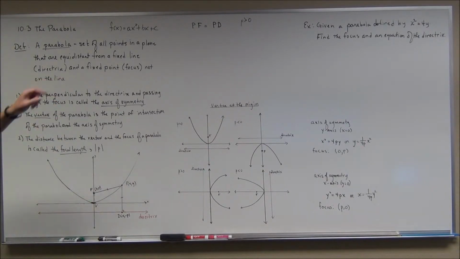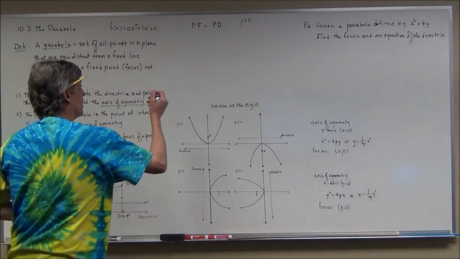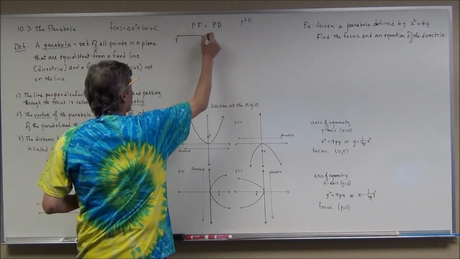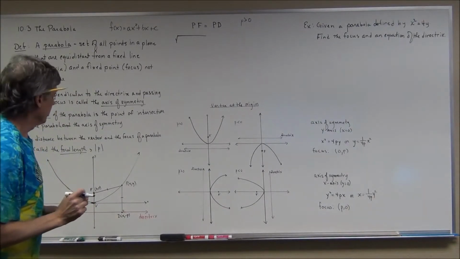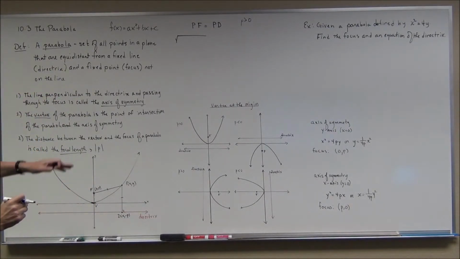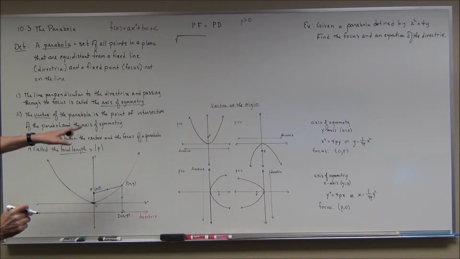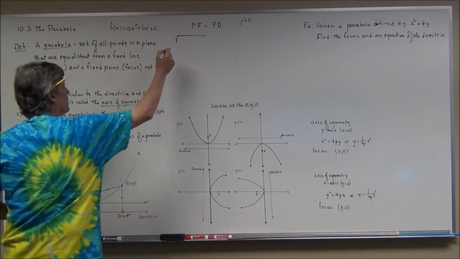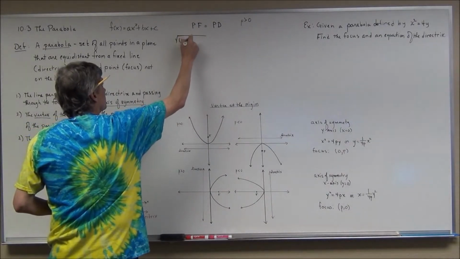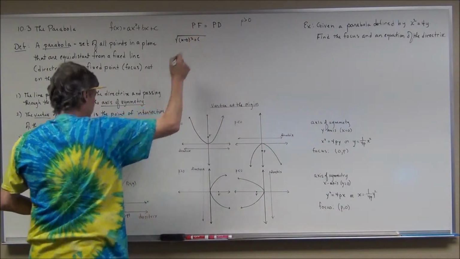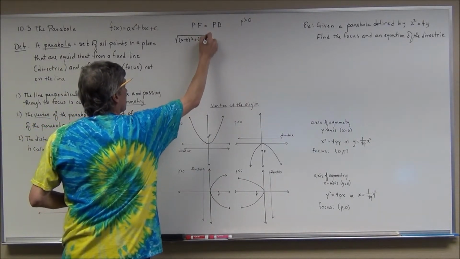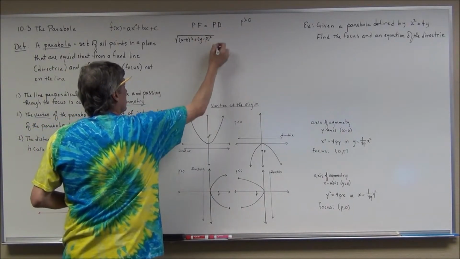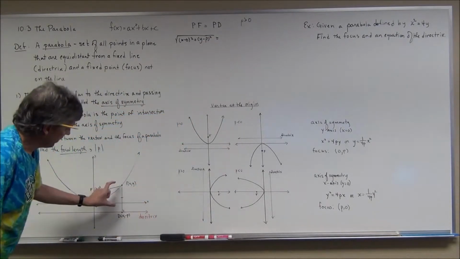So if I use this definition and the distance formula, I find that PF, and again, lowercase letter p is greater than 0 with my diagram, is such that I have the distance from P to F, that would be the square root of x minus 0 quantity squared, using the distance formula, plus y minus p quantity squared, is equal to PD, that would be this distance here.